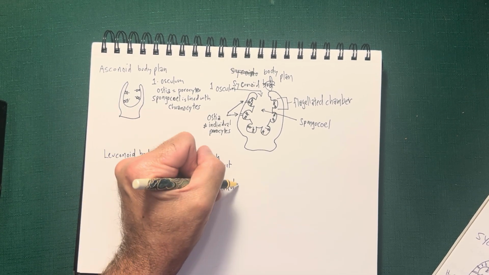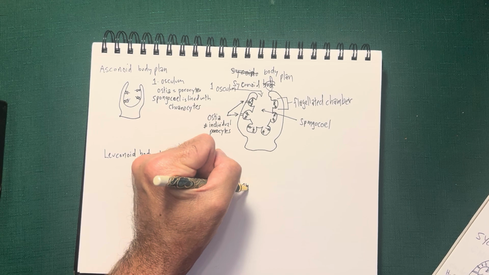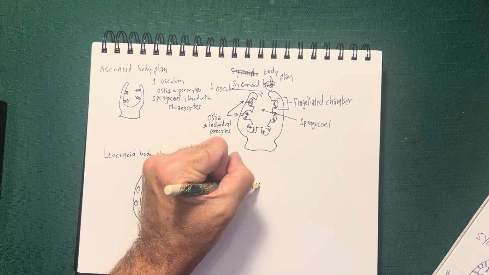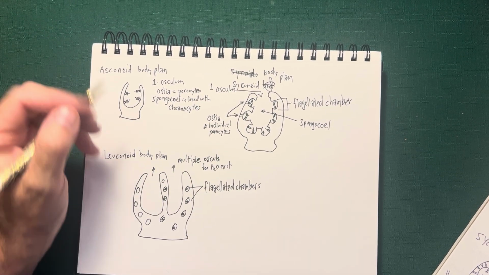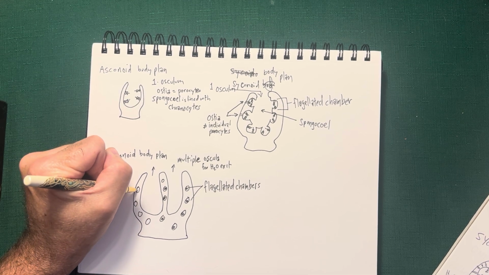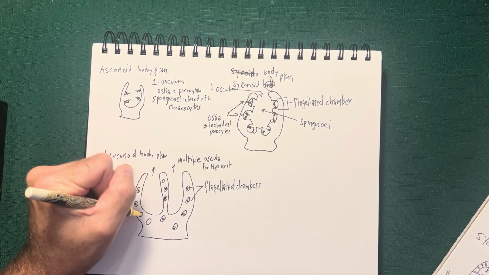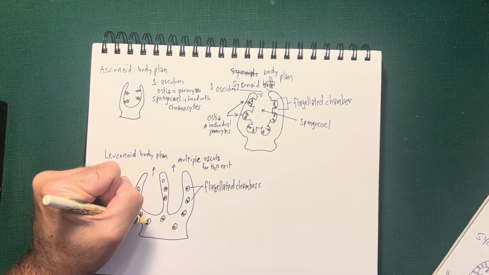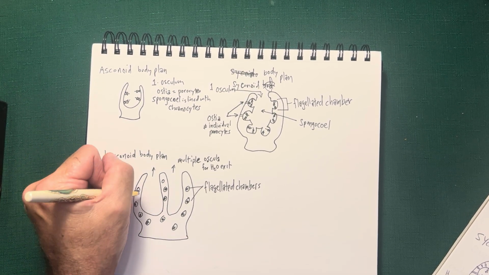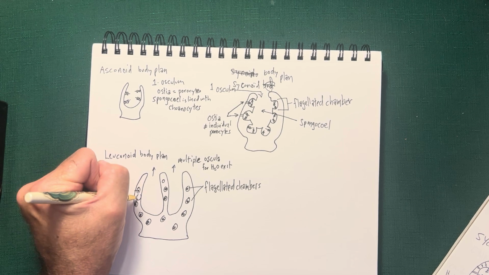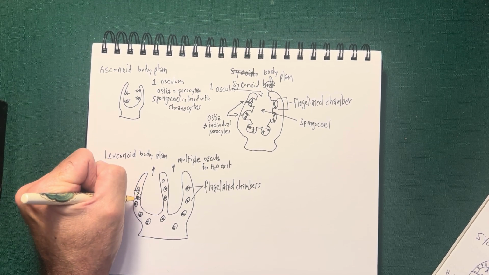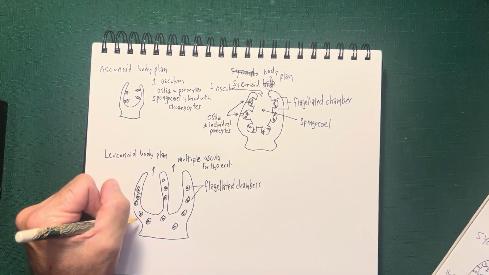So we're filled with flagellated chambers. And the flagellated chambers are connected to each other by a series of canals.